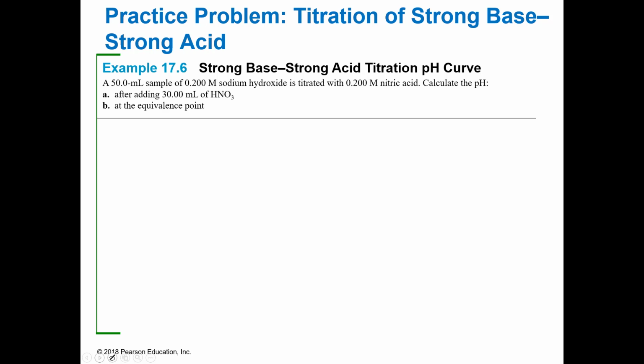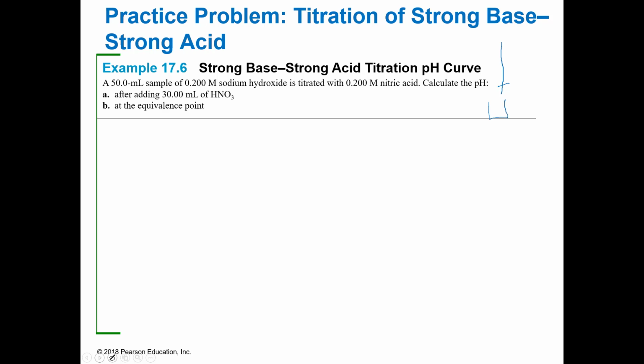All right, let's look at this problem. This is kind of a strange problem, but let's just look at it anyway. So what we have here is a burette. Draw a picture. Make sure you do that. And if you don't like drawing a conical flask, just put your receiving vessel like that.